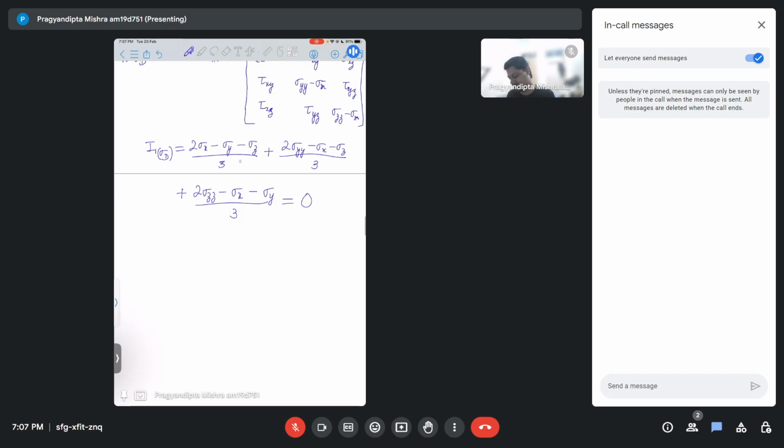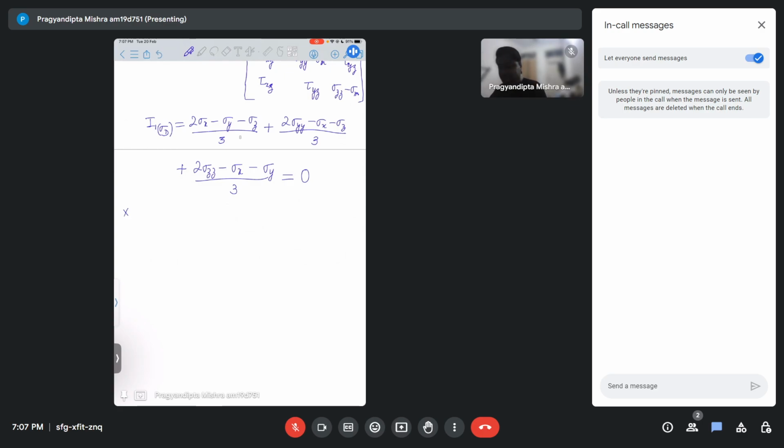Now let's talk about your yield criteria. Now that we have understood these concepts, let's go into the yield criteria. So there are some requirements that you need to satisfy for yield criteria.